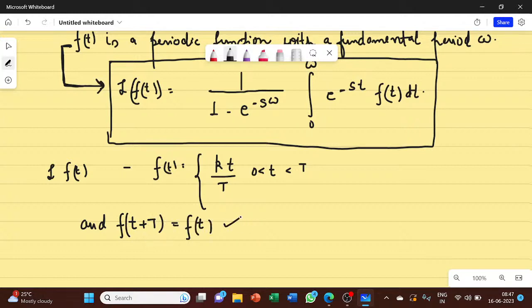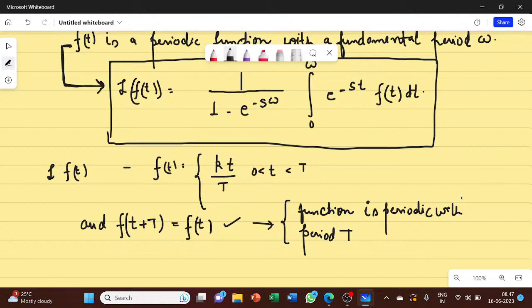So the condition for periodicity is defined. My function is periodic with period T, and the definition of the function is k t divided by T. You have to find the Laplace transform of this particular function.